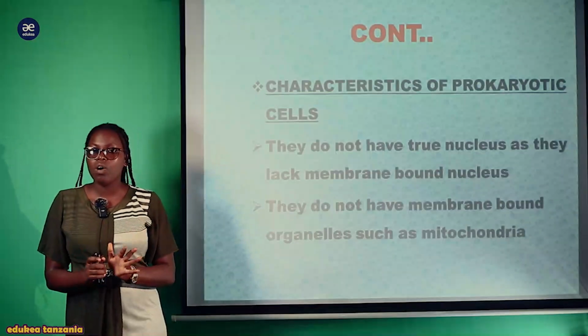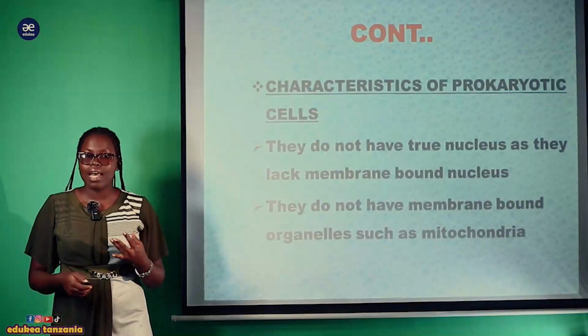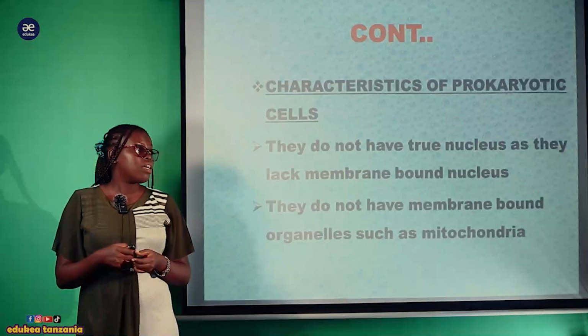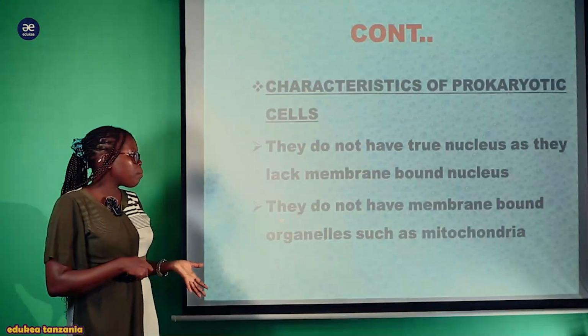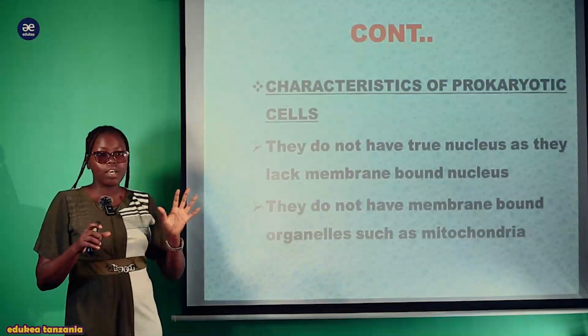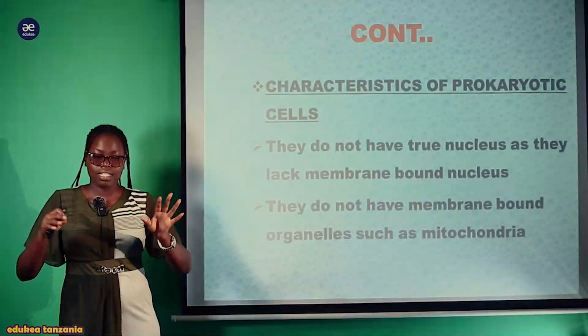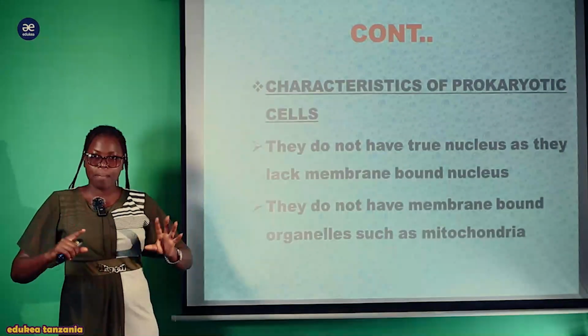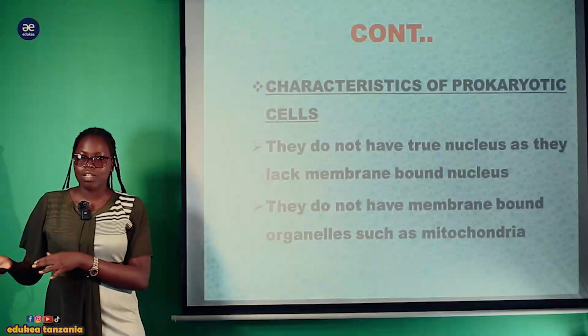The other one, they do not have membrane bound organelles such as mitochondria, meaning that the organelles are just scattered. Hawana ile membrane ambayo imekuwa imebeba all the organelles together. Ndio tukavyoona kwa akina eukaryote. They reproduce by binary fission or by conjugation.